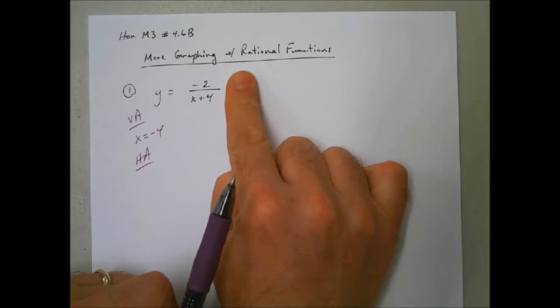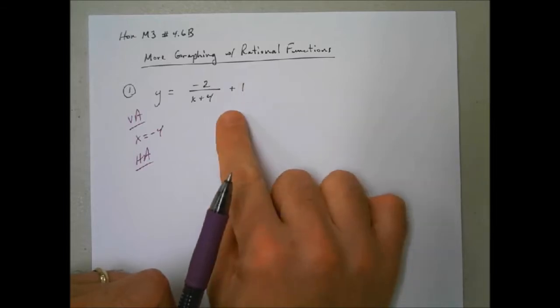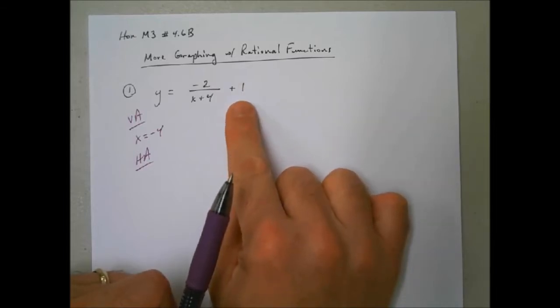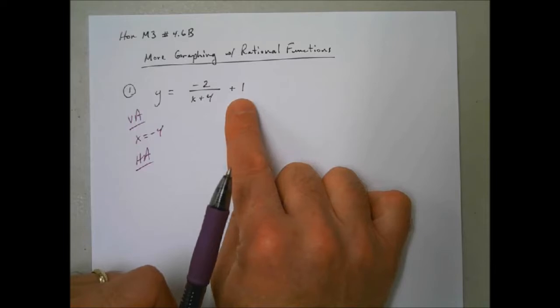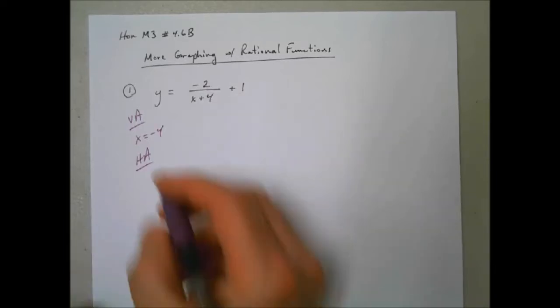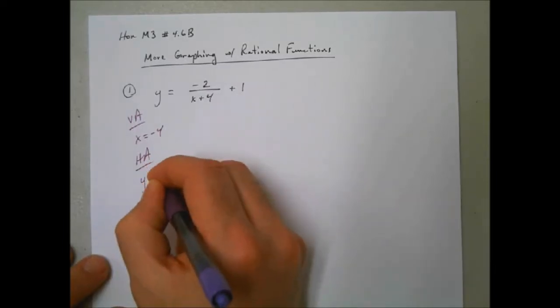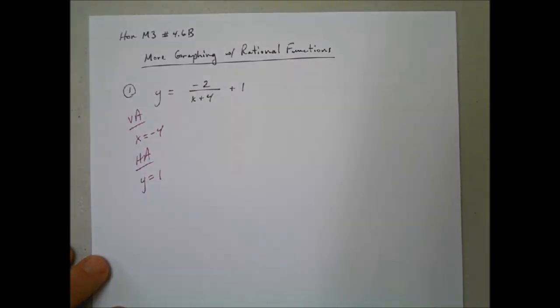So the limit as x goes to infinity for that is 0. But there are no x's in that plus 1, so the fact that x is going to infinity is not affecting that at all. And so even though this part right here is 0, 0 plus 1 is 1, and so the horizontal asymptote is y equals 1.